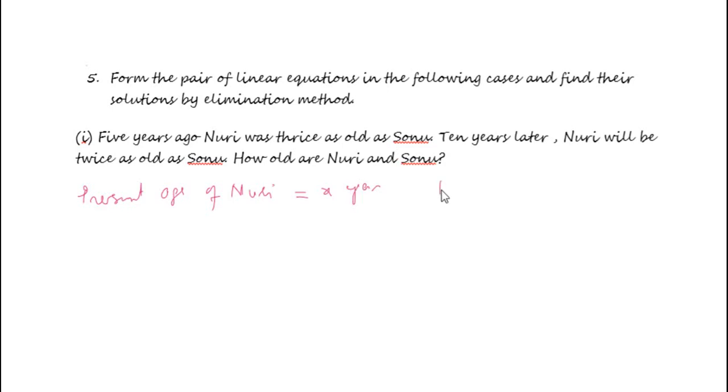Present age of Sonu equal to y years. 5 years ago, Noori's age is equal to x minus 5.